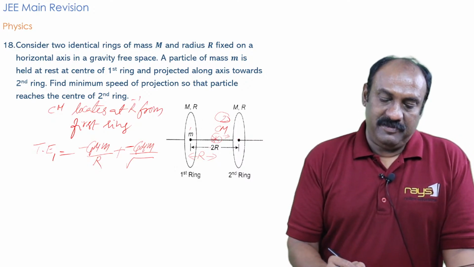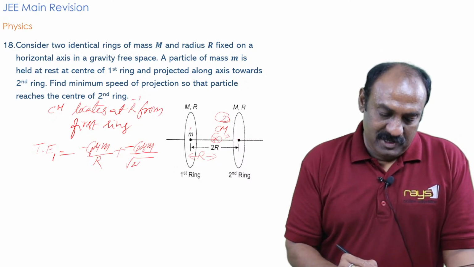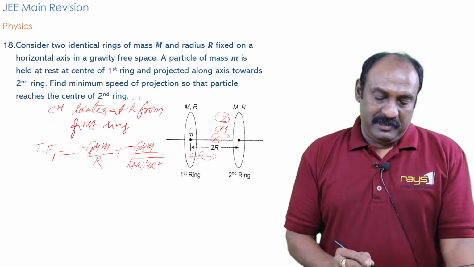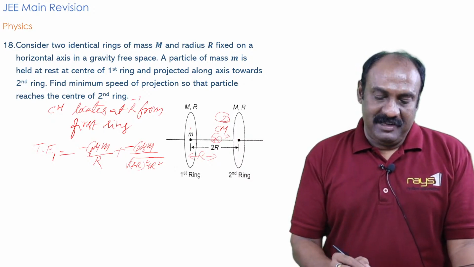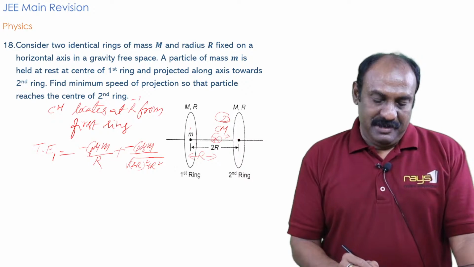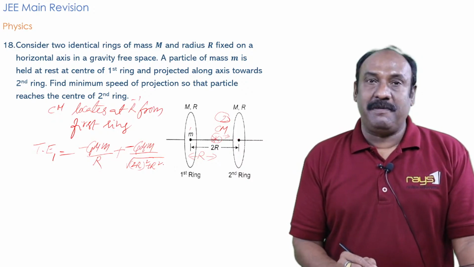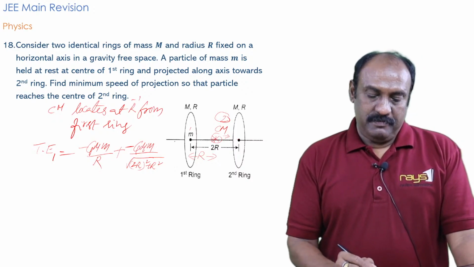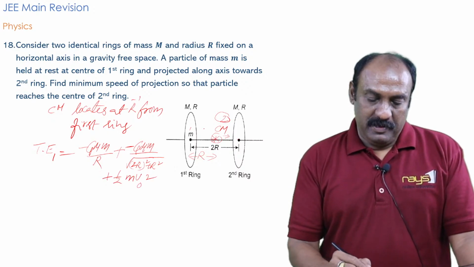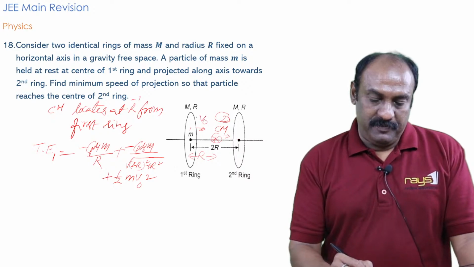What is the distance here? 2r whole square plus r square. This is the gravitational potential energy of this mass with respect to the second ring, minus G m m by root of r square plus x square, plus kinetic energy half m v naught square, that v naught value to be calculated.